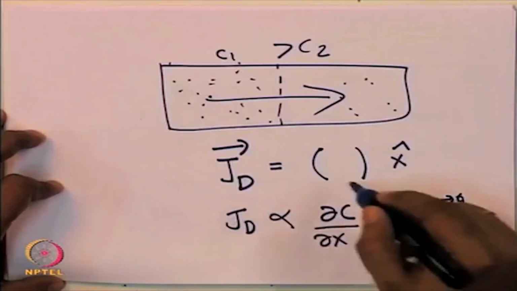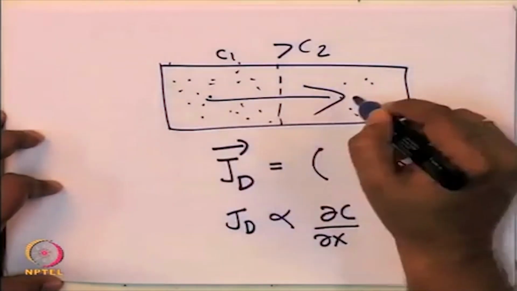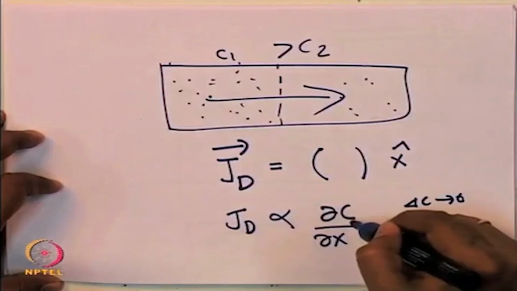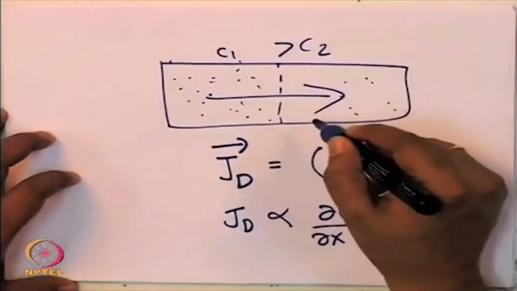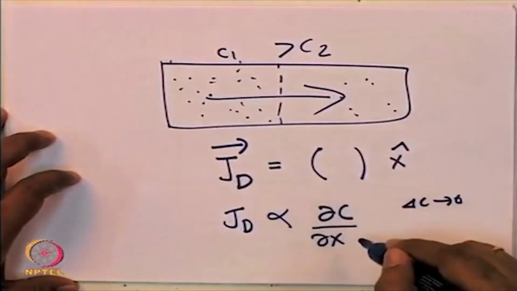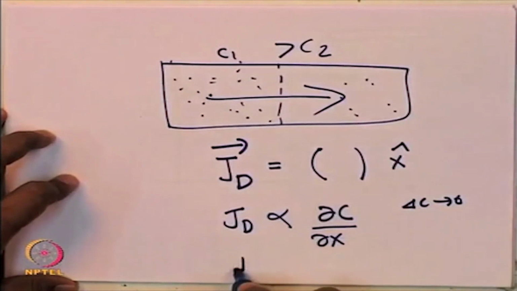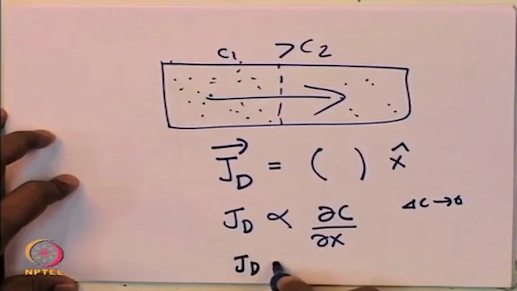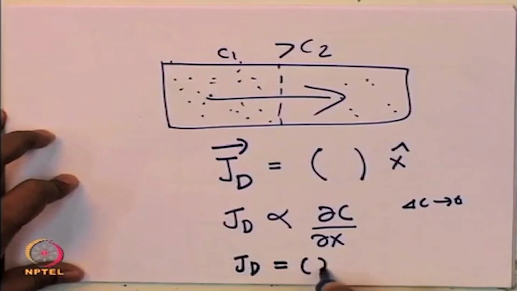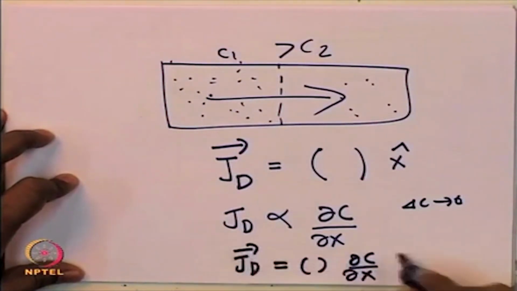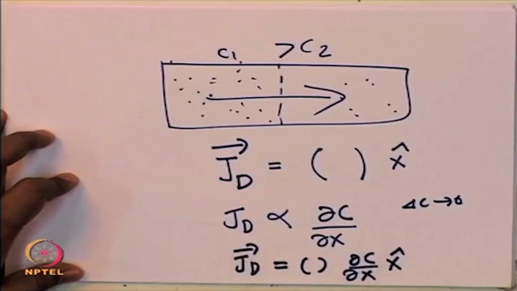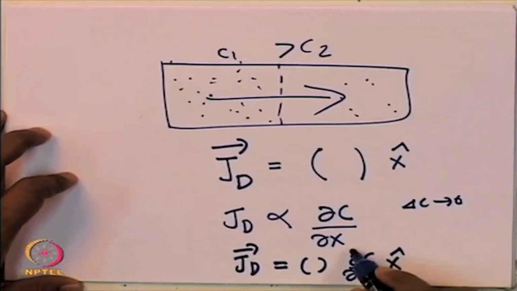So, there are two things: the direction is this, and we know it has to be proportional to this, but in this case we just discussed that del c by del x is negative. So, if we say that JD is some constant times del c by del x, this is negative.